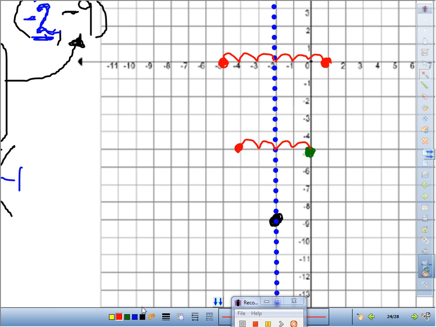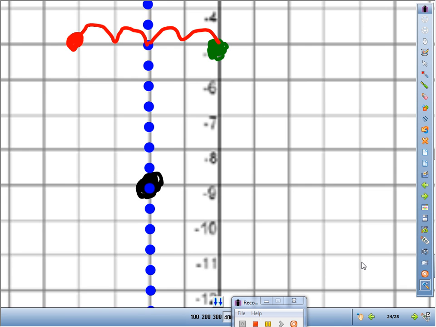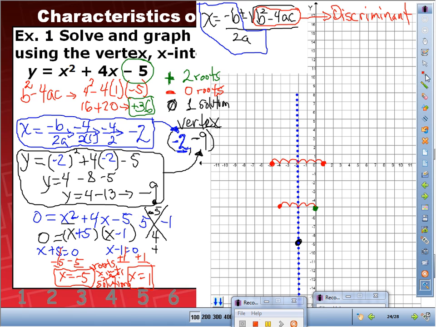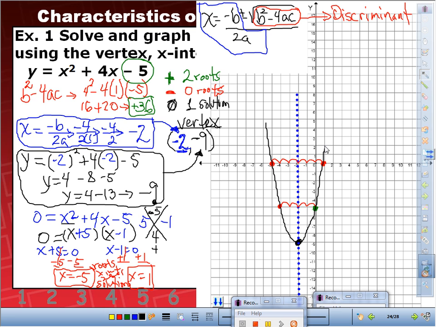And so therefore, I'm going to go ahead and sketch my parabola. Let me zoom out. There he goes. I'm going to sketch that in black. Here it goes. I'm going to start over here. It goes through that point. That point. I get to my vertex, and I come back up to that point, and you draw arrows at the end.